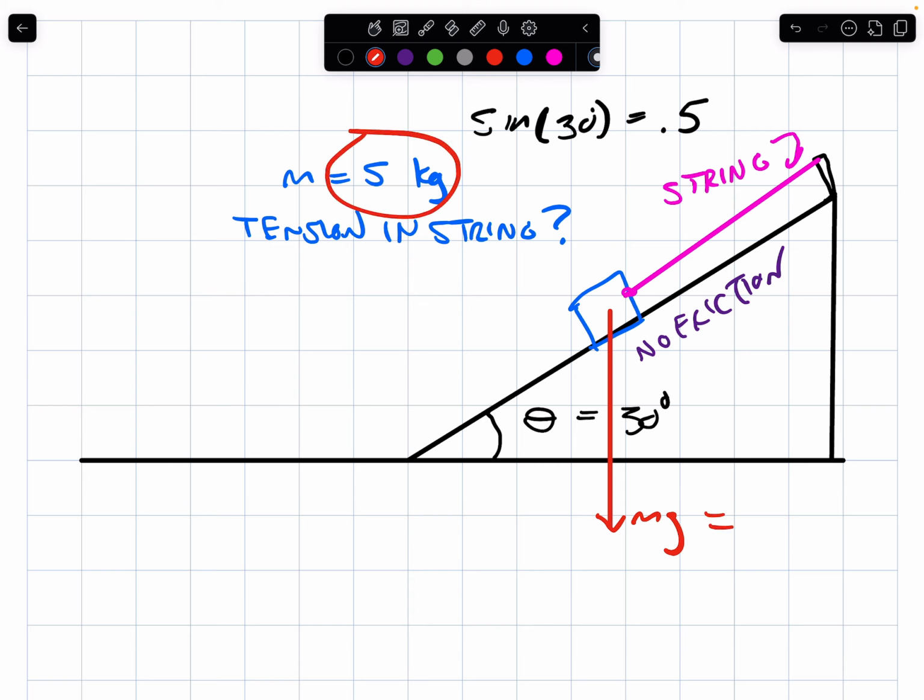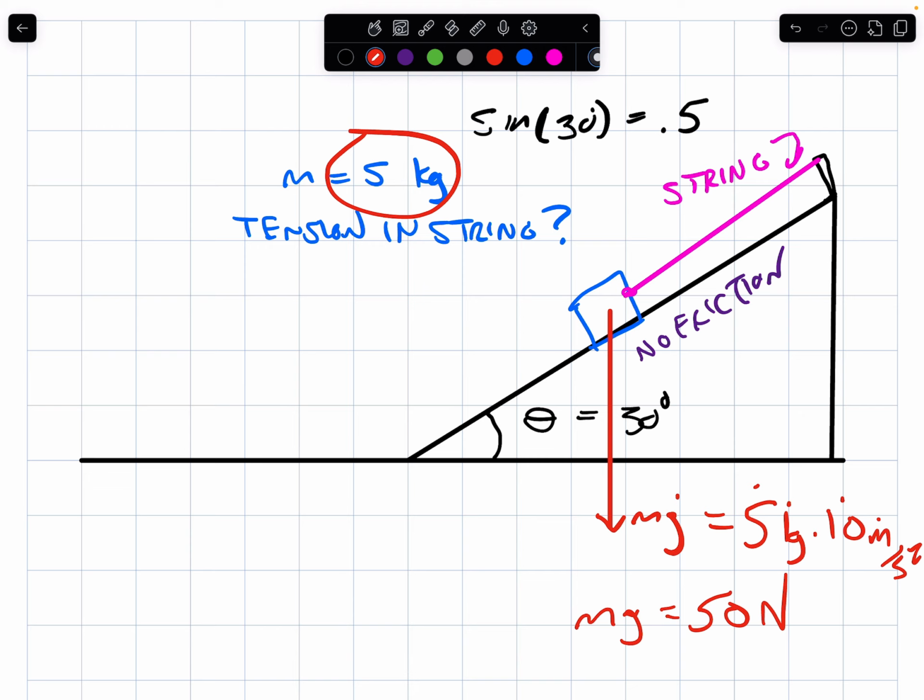M is 5, and the value of little g is about 10 meters per second squared. 5 times 10 is 50. And the kilogram times a meter per second squared is also called a newton. So the weight of this block is 50 newtons.